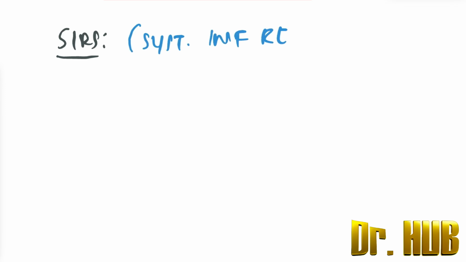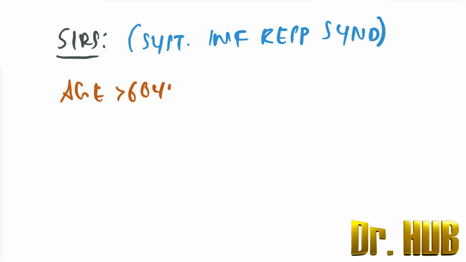Next we have the SIRS. What is SIRS? SIRS stands for the systemic inflammatory response syndrome. And then age greater than 60 years. One point is given for each.